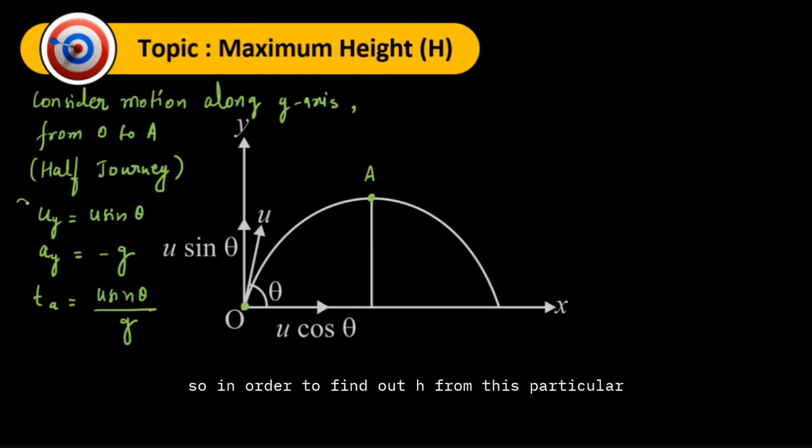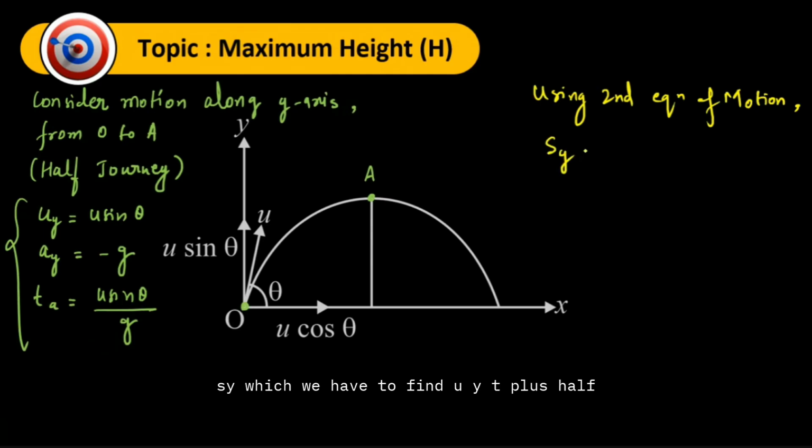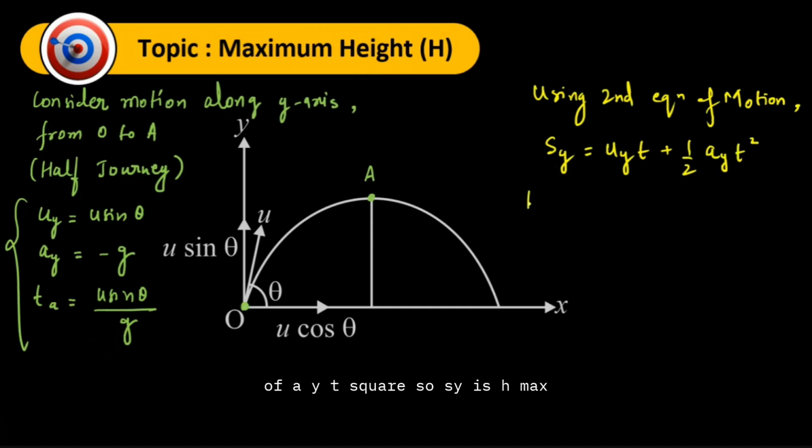So in order to find out h from this given information, we can use the second equation of motion once again. The second equation of motion says Sy, which we have to find, equals uy t plus half of ay t square. So Sy is h max that we have to find here, that is called maximum height. Uy is going to be u sine theta.